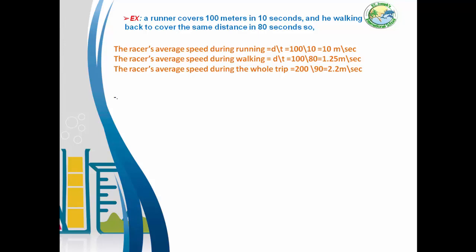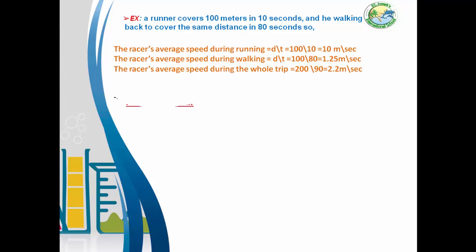It means that the result of dividing the total distance covered by the car by the total time taken to cover this distance is 40. So, what is meant by? We replace the word with its definition.